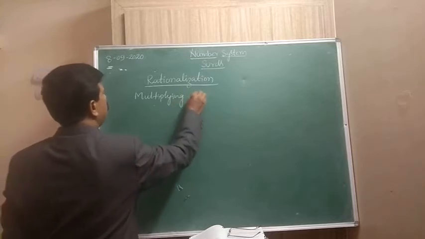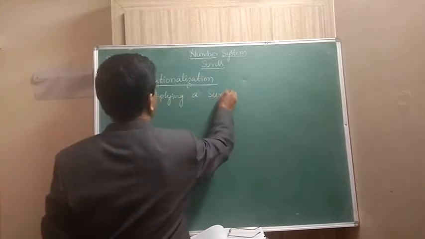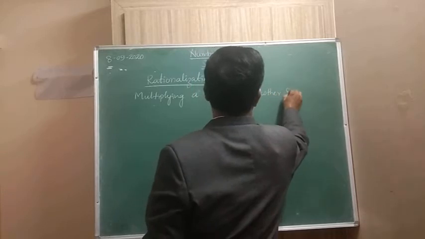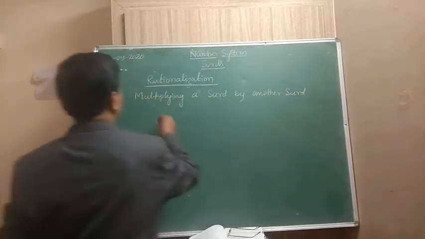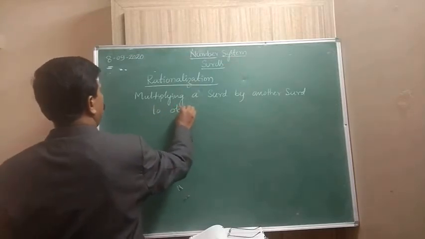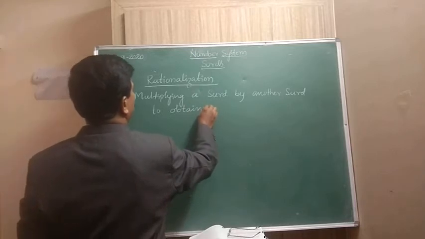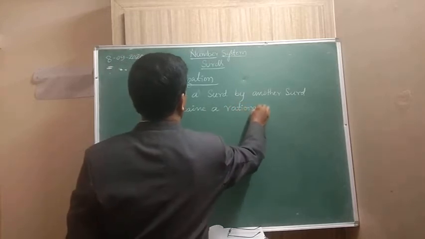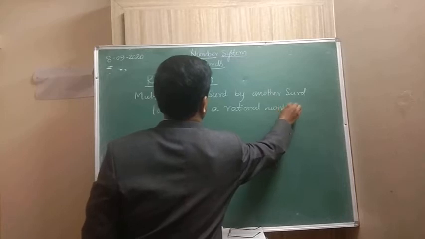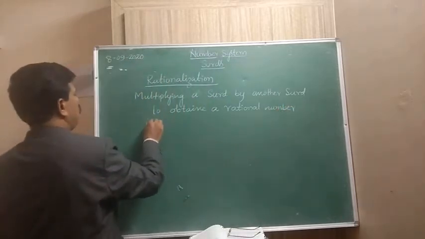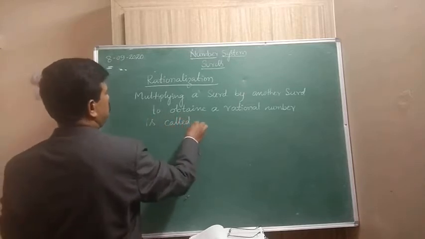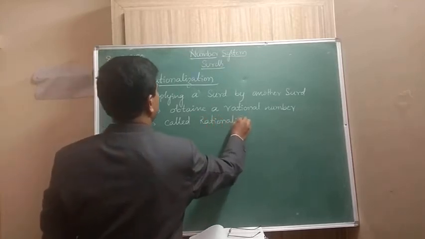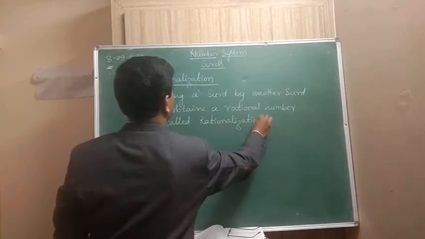Multiplying a surd by another surd to obtain a rational number is called rationalization.